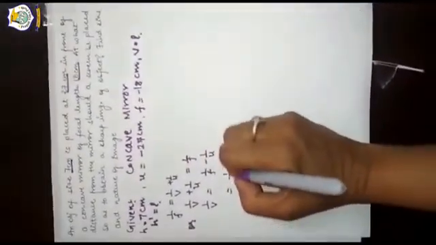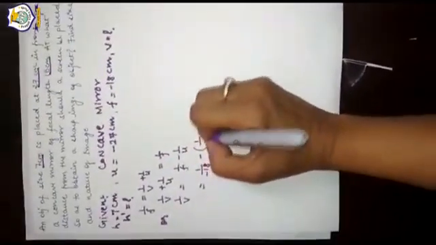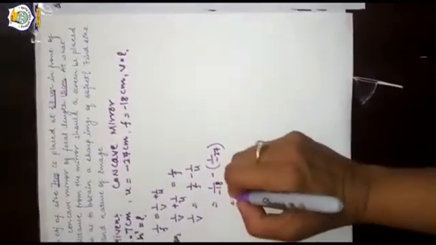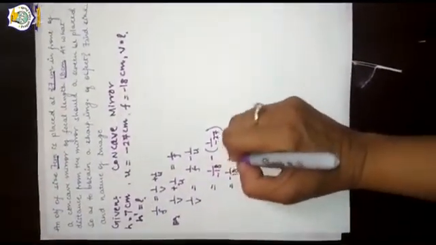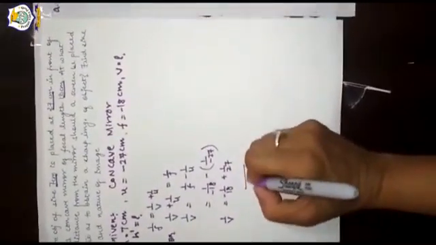It is 1 upon minus 18 minus 1 upon minus 27. See, be very careful while putting the value of U, it should be inside the bracket. So minus 1 upon 18 plus 1 upon 27. Now we have to take again the LCM of 18 and 27, which is 54.